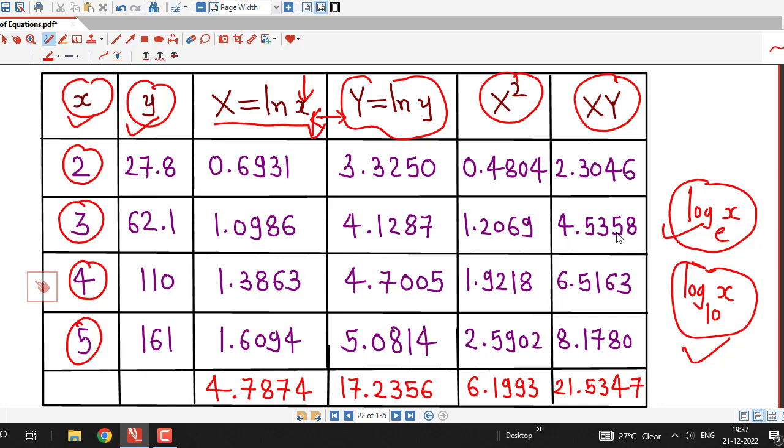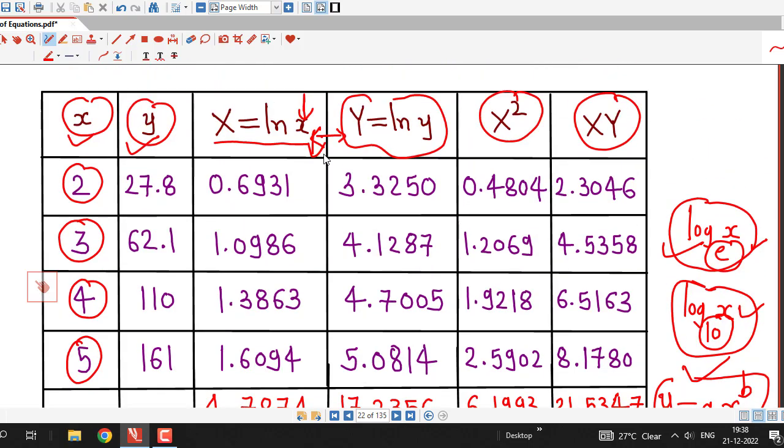So that is your choice which base you want to select for your calculations, but there will be similar answers for any base, so you have to keep that in mind. Some books are using natural base, some books are using base 10. So no problem, either you want to use natural logarithm or logarithm to the base 10, your final answer will be the same. So now I have all these values.